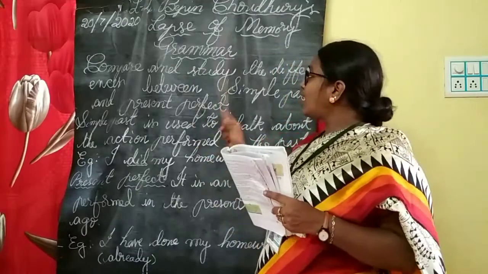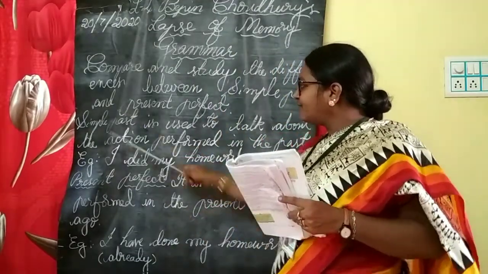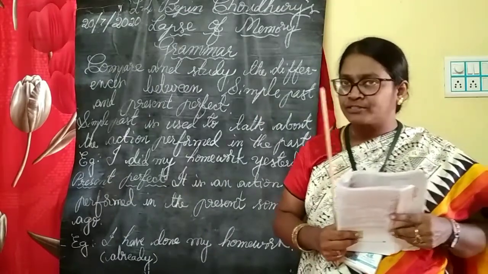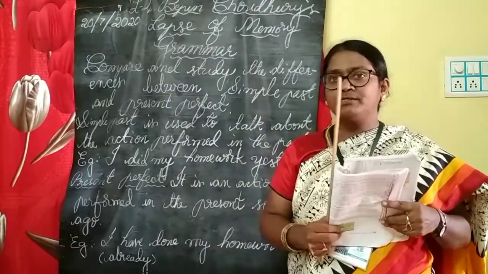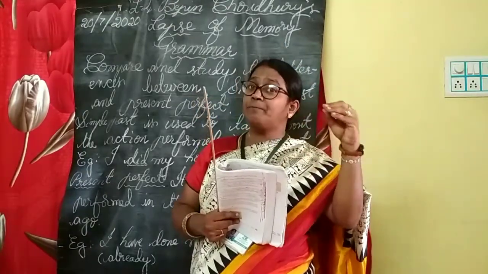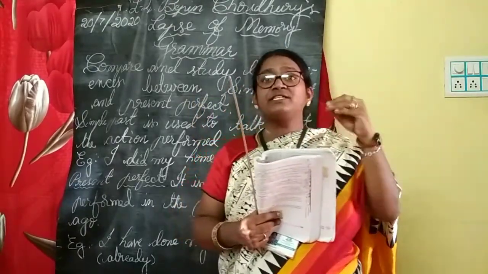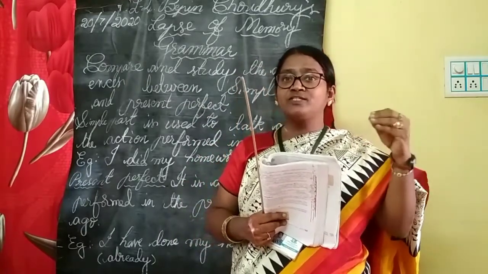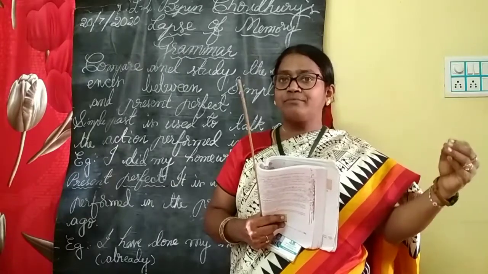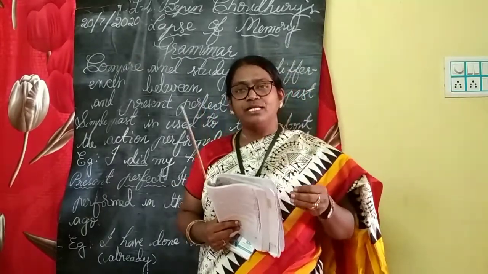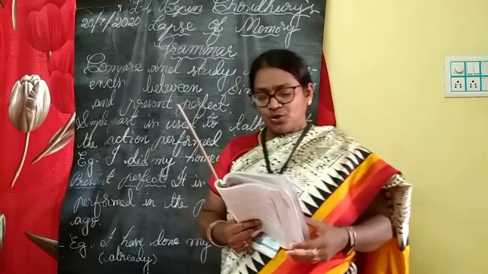So you try to understand and compare the differences between simple past and present perfect. So what is the main difference? Simple past is used to talk about an action that is completed in the past. Present perfect is required to be used whenever the action is performed some time ago in present time without mentioning the time. So these facts you need to know.